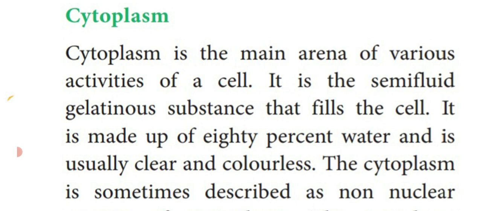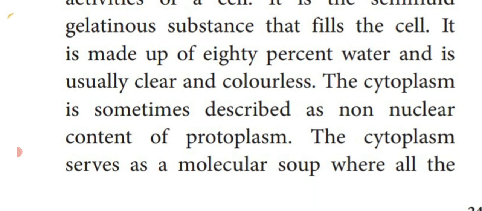It is made up of 80% water. This is important, one mark question. And also it is usually clear and colorless. This cytoplasm is described as the non-nuclear content of the protoplasm.